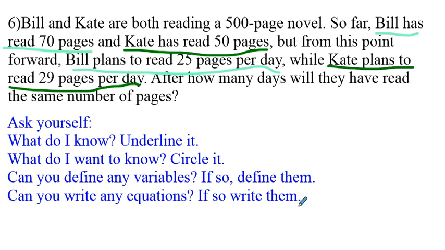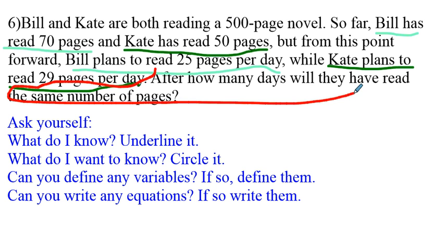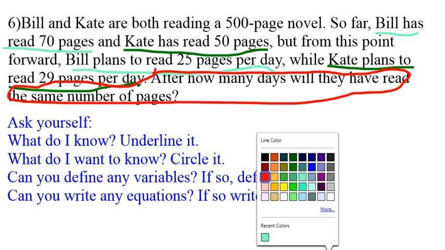What do we want to know? After how many days will they have read the same number of pages? So I'm going to circle this here. That's what we want to know. How many days? Can we define any variables? Well, let's see. What are they talking about again?